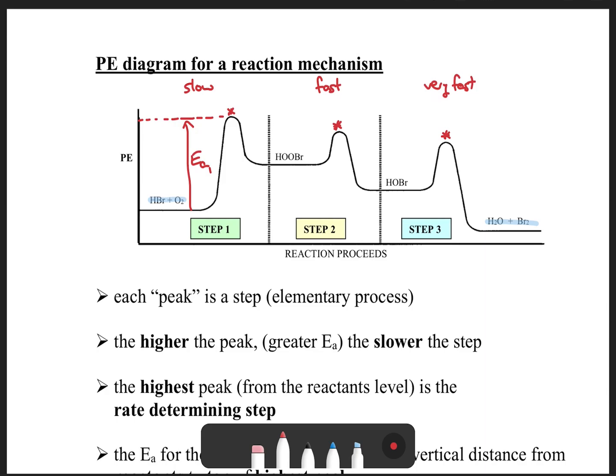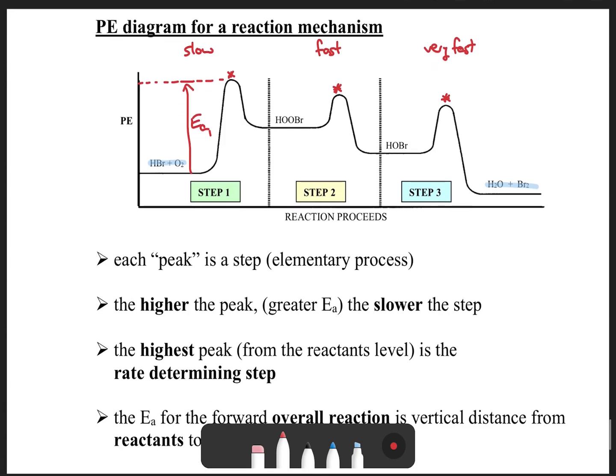Each peak is a step or an elementary process. The higher the peak, or greater activation energy, the slower the step. The highest peak from the reactants, and this is key here, the highest peak from the reactants level is the rate determining step, and for us it's going to be step 1.